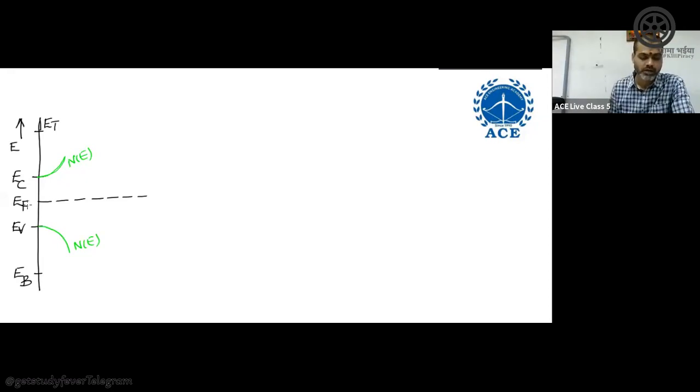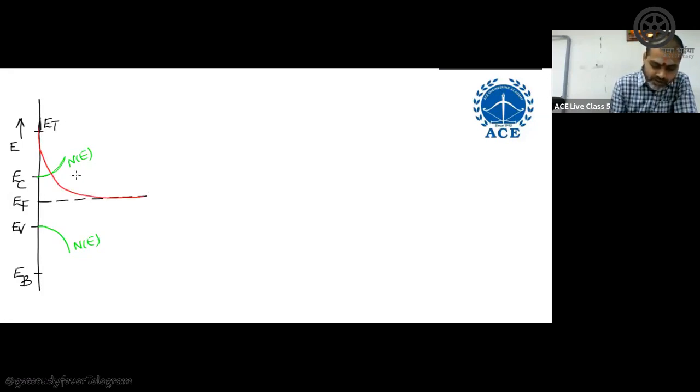Now can you represent 1 minus f of E comma T? How is it going to be? Sorry, f of E comma T. With respect to EF, you can write 1 minus also. Let me represent. Something like this you are going to get.